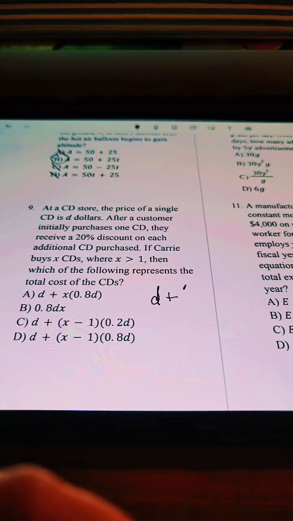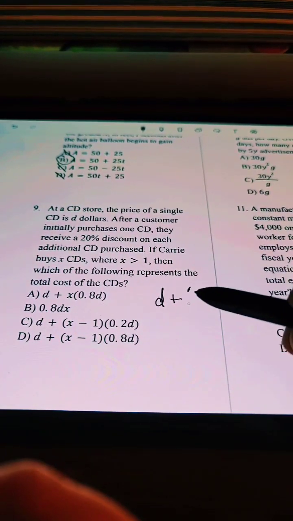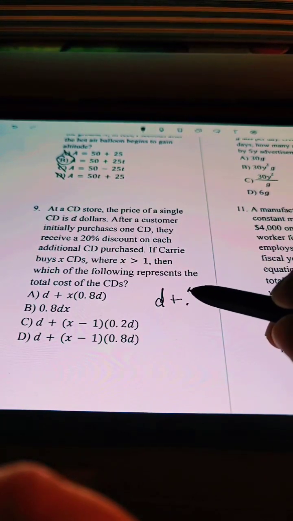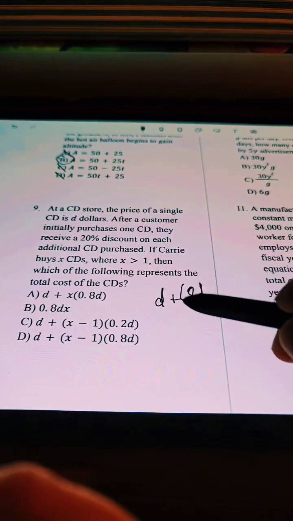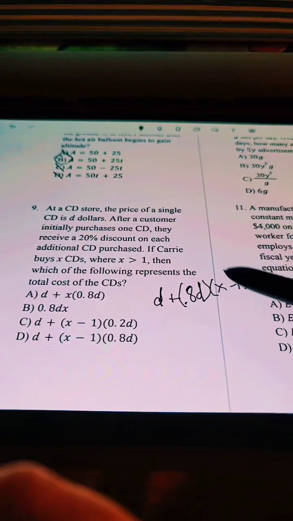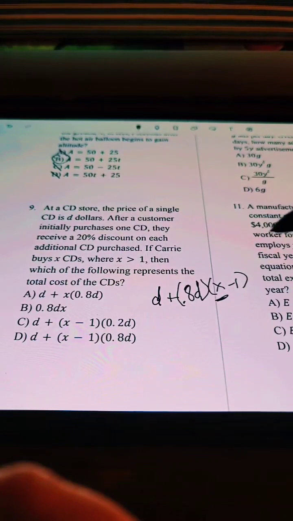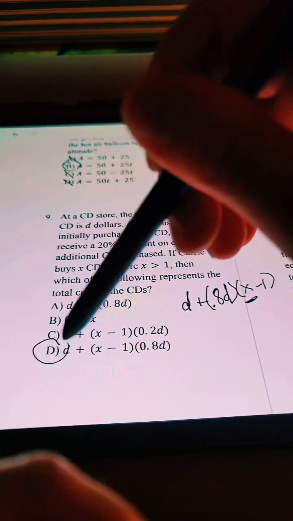So you're really left with 0.8 times the amount that it usually costs, because you're being left with 80% of what it usually costs. So it's going to be plus 0.8D, and then that's going to be times X minus 1, because X is the number of CDs you buy, but then you have to subtract that first one that you bought. So then it would just be D.